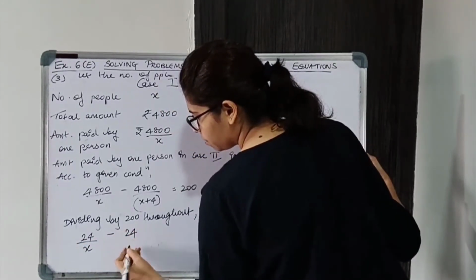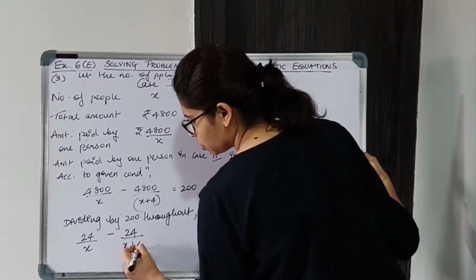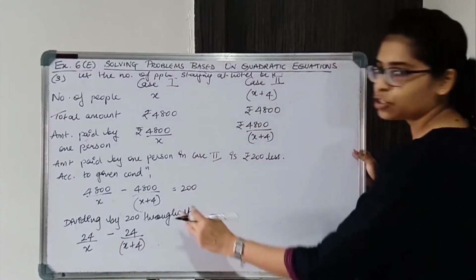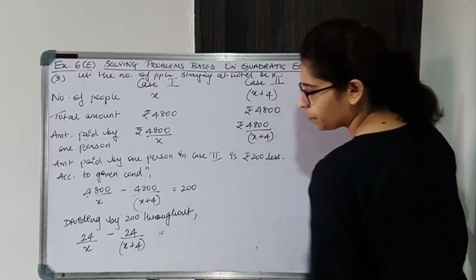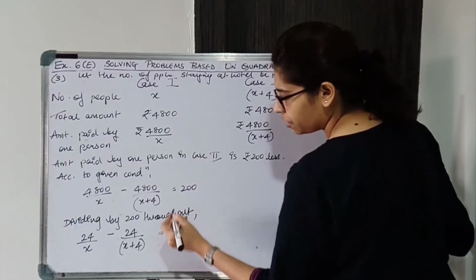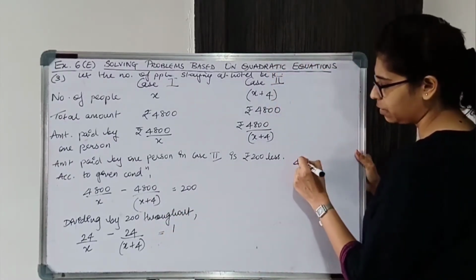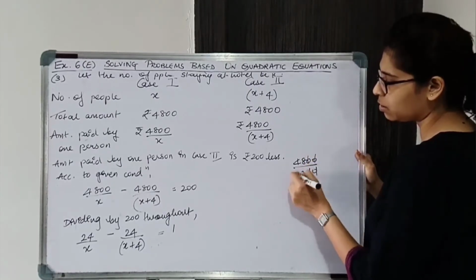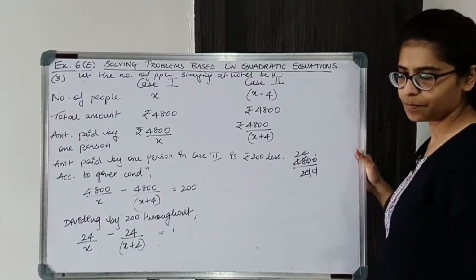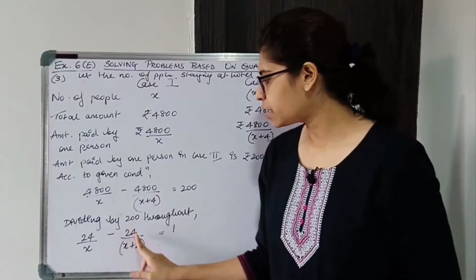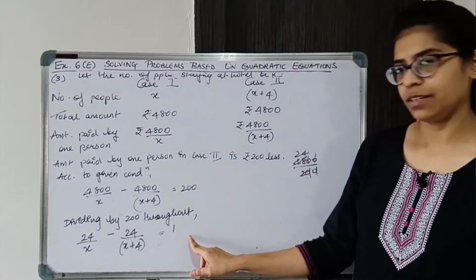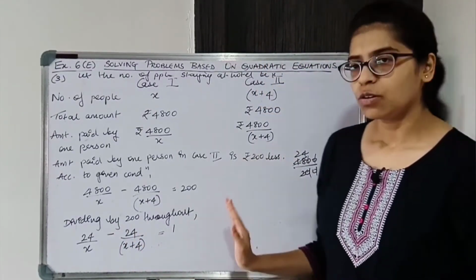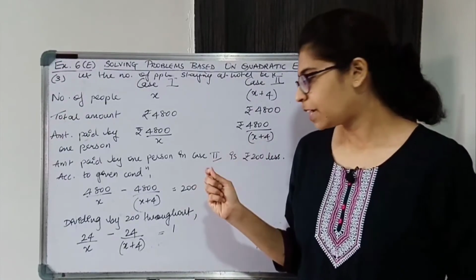Because we are dividing by 200, you can show the working if you want. 200 divided by 200 is 1. So basically 4800 divided by 200, zeros cancel, is 24. So 24 upon x minus 24 upon x plus 4 is equal to 1. We got smaller numbers, so now it is a little simplified.